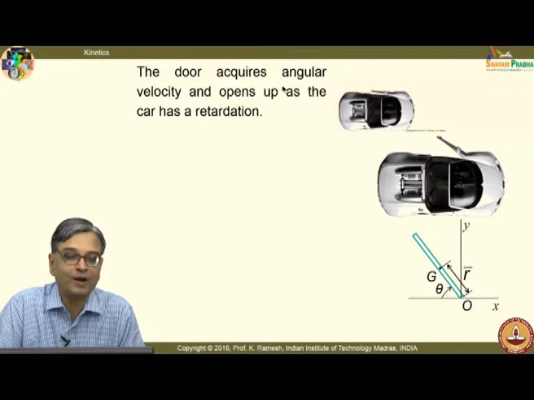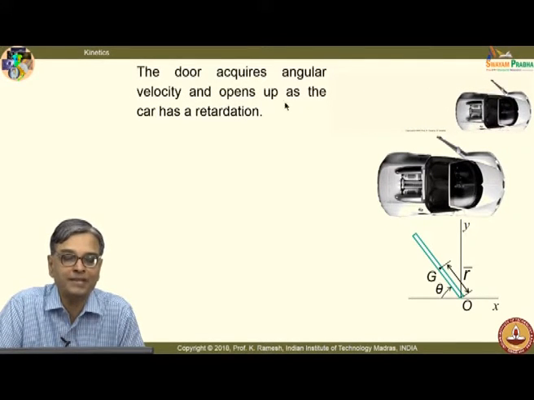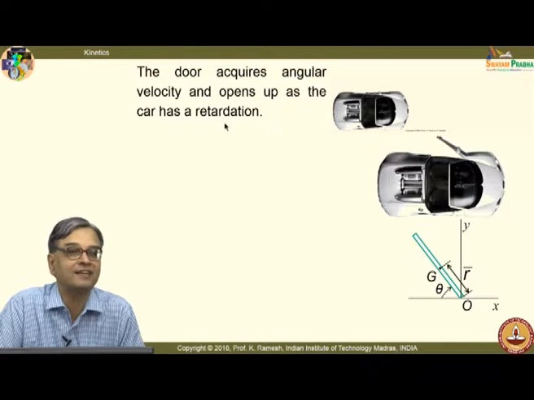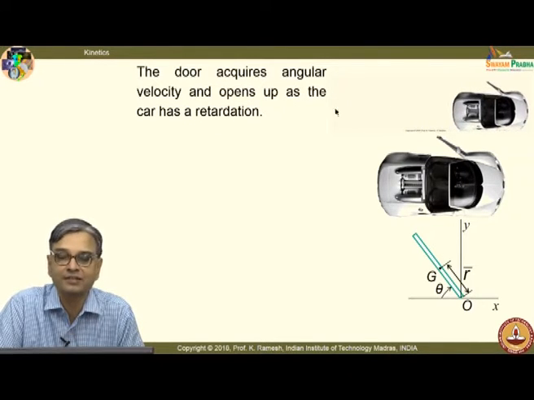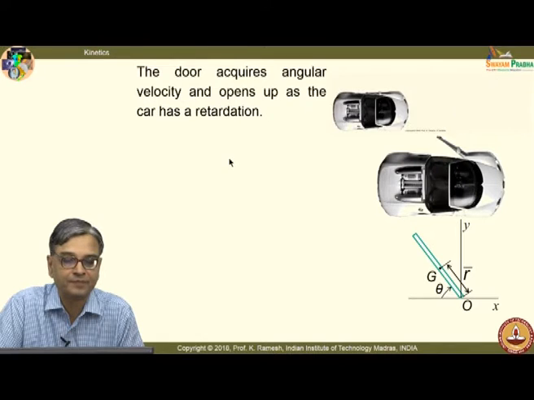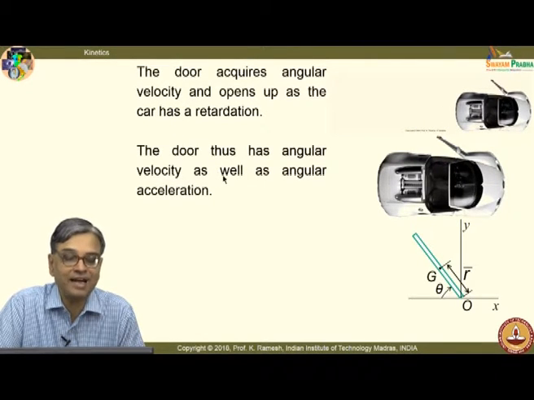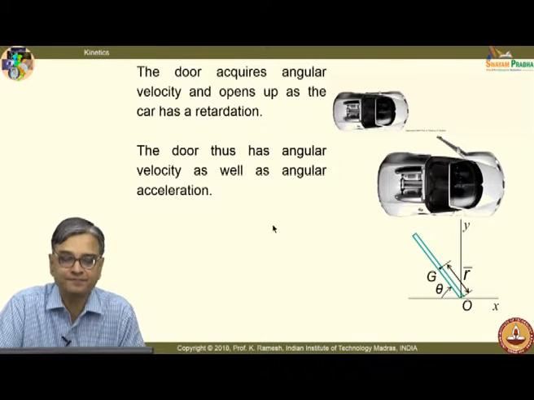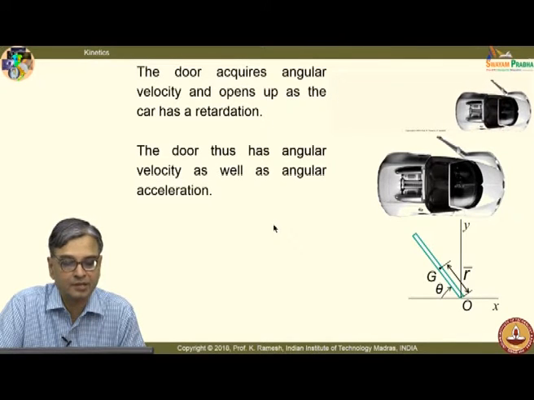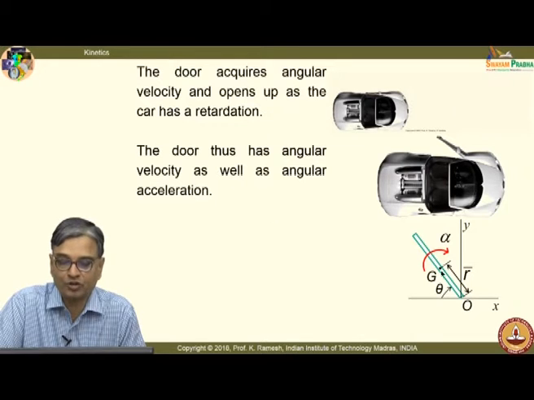So, the door acquires angular velocity and opens up as the car has a retardation. That is the first observation that we make out of it. The door thus has angular velocity as well as angular acceleration, and this is what is shown.